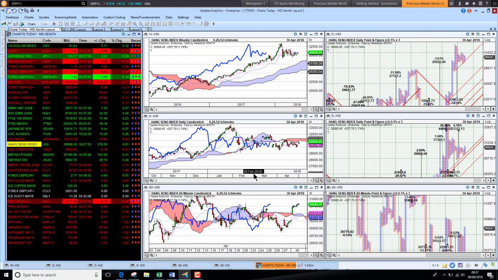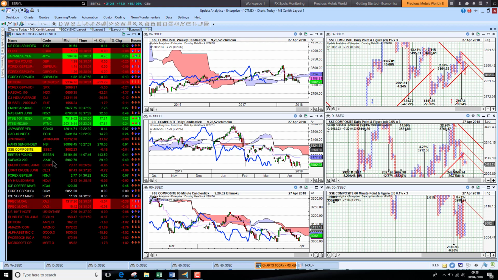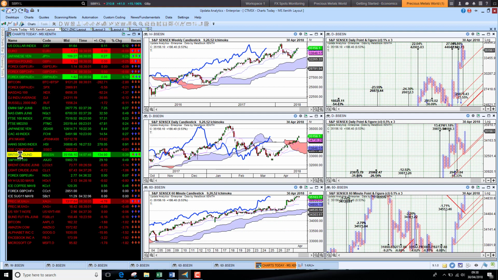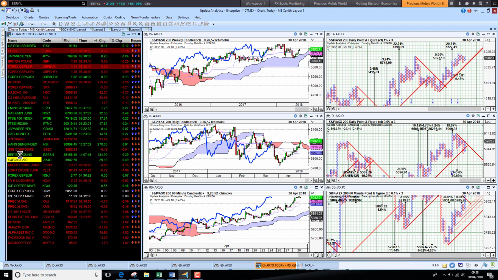Hang Seng also was up quite sharply, and the Chinese market was up very slightly, but still looking quite worrying medium and long term. This is the one stock market that is still a worry. The Sensex, the Indian market, recovering back above the cloud, and the Australian market also now just recovering back above the cloud. So markets generally recovering.